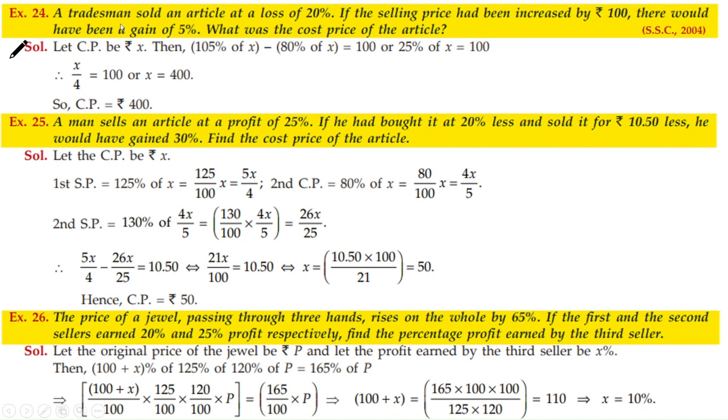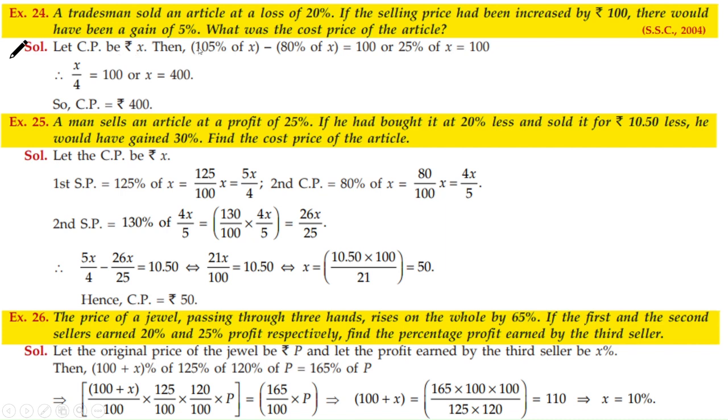A tradesman sold an article at a loss of 20%. If the selling price had been increased by rupees 100, there would have been a gain of 5%. What was the cost price of the article? So here, let the cost price be rupees x.